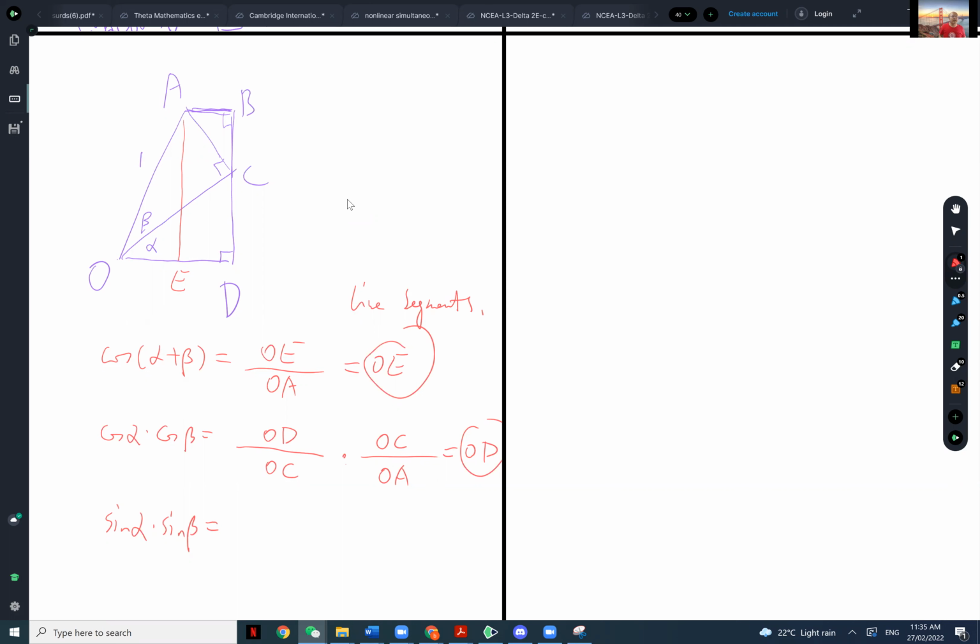If we do CD over OC, AC over OA, we cannot simplify, which means we need to try a different way.